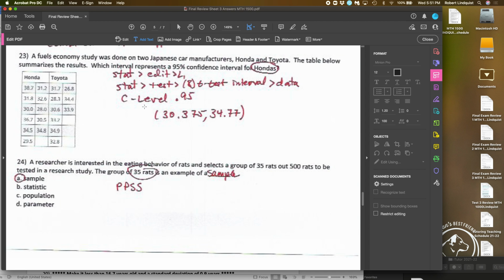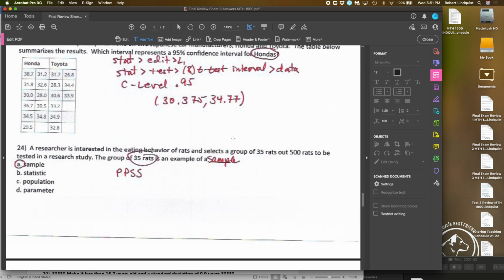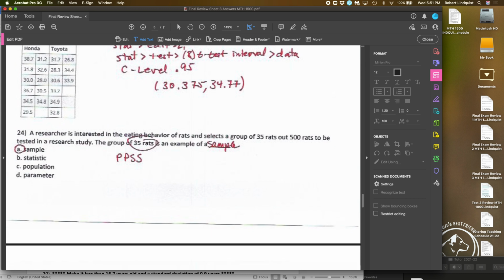Then you choose C-level, which is short for confidence level, of 95%, so you make that a decimal, 0.95, and it will kick out the answer to you: 30.375 and 34.77.